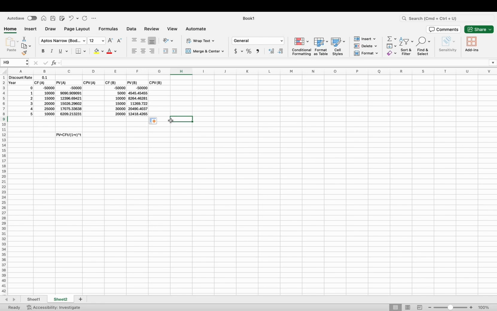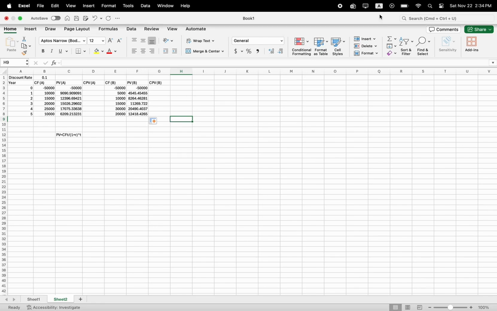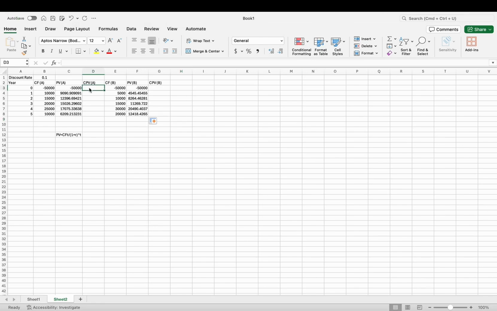So for project A, we are going to be calculating right now the CPV, the cumulative present value. For project A in the cell D3, it's going to be equal to the present value in year 0. And the same is going to be for others.